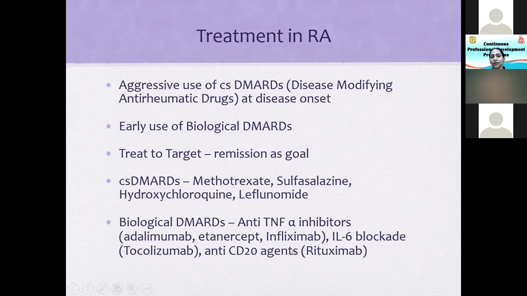Anti-CD20 agents like rituximab can also be used, and both tocilizumab and rituximab are available for our patients as well. So these drugs can make a huge difference for the patients. Therefore, it is very important that these patients are referred so that they get the best care.